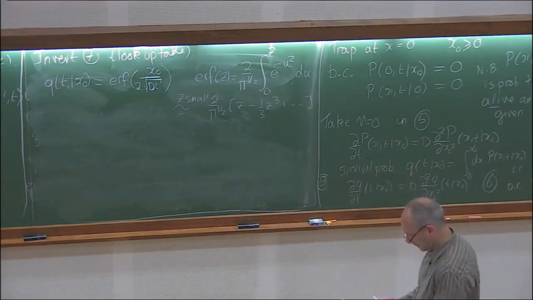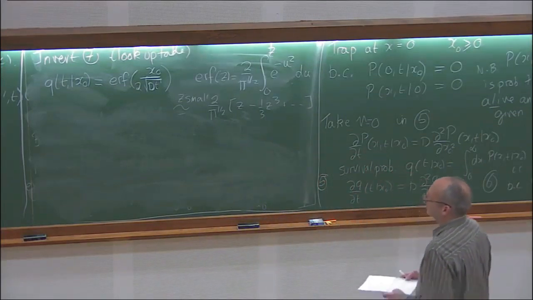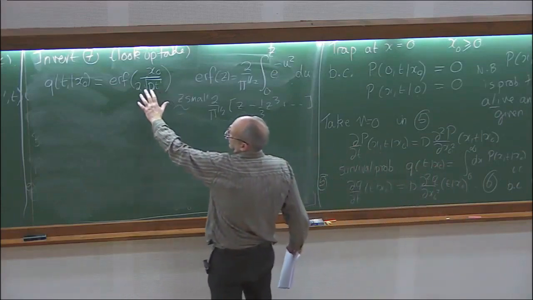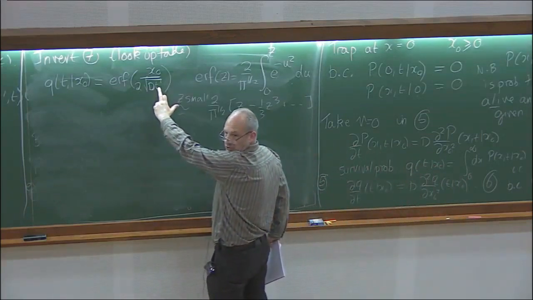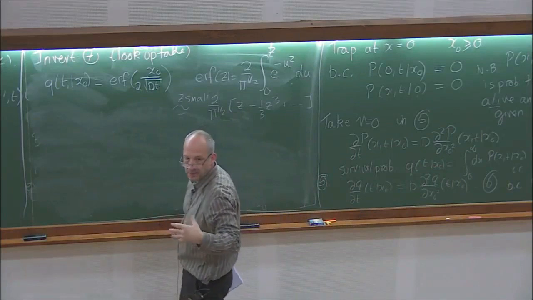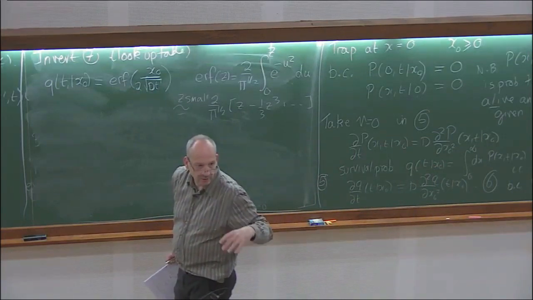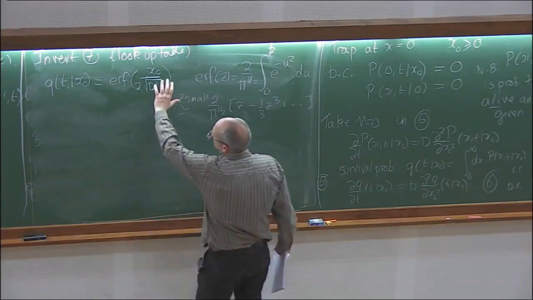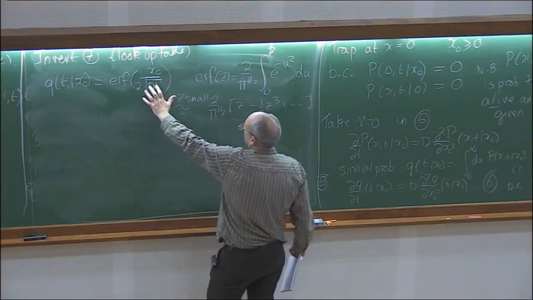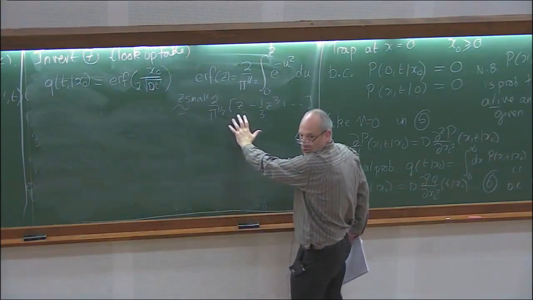So that's my solution. And if I look at large time, which is usually what I'm interested in, then for the survival probability after a large time, this argument will be small, so I can just use this as an approximation.